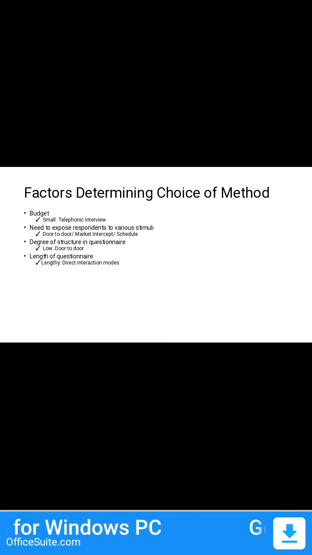Fourth, length of questionnaire. If the questionnaire is lengthy, the respondent may not answer all the questions. The response rate is likely to be lower, and that is why if the length of questionnaire is a little too much, then you'll have to go for those modes wherein there is a face-to-face interaction between the respondent and the researcher, because now the respondent will feel obligated to complete the survey, to complete the questionnaire, to provide answer to all the questions.